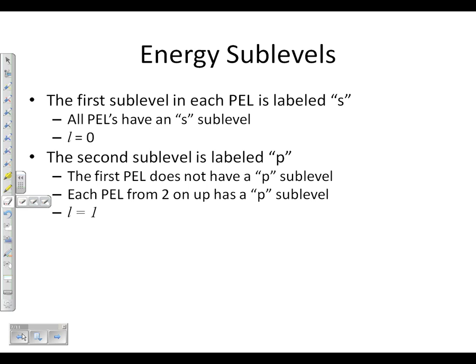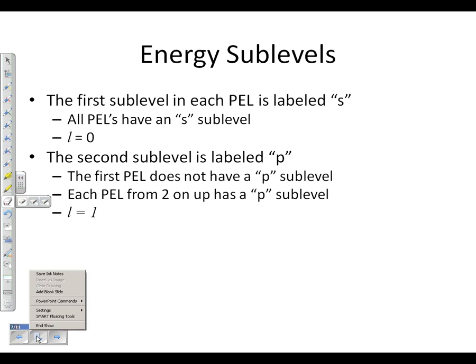The first principal energy level, PEL, doesn't have a p sublevel. Why? How big is it? It's just small, right? We don't start getting a second sublevel until you start getting to the second principal energy level. Okay. Good there? Is that L equals 1? L equals 1.